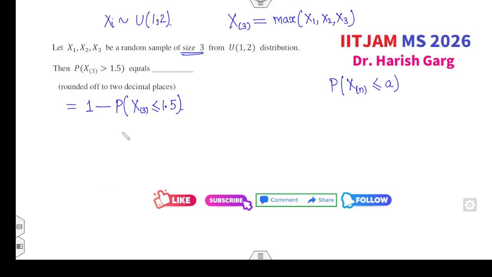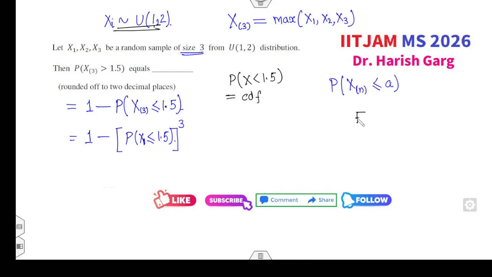Clear. Now since it is a uniform distribution, फाइन, तो ये 3 है ना आपके पास, that will be cube. x1 is less than or equal to 1.5. Clear? How can you find the probability of uniform distribution x less than 1.5? Basically, they are talking about the CDF. CDF of the uniform distribution.